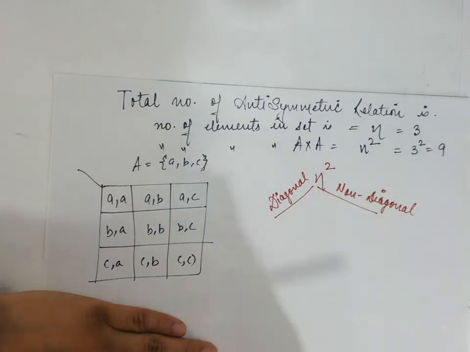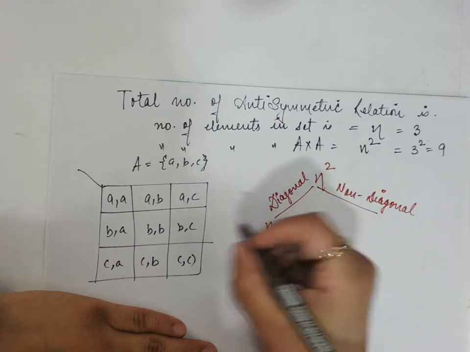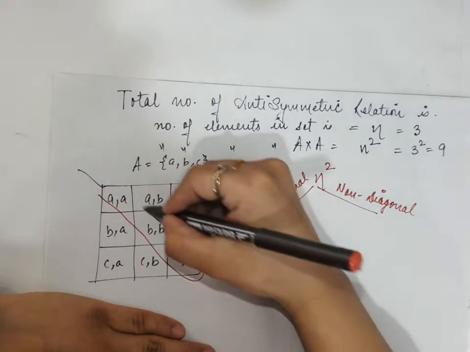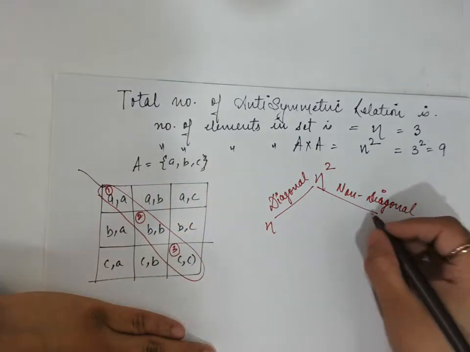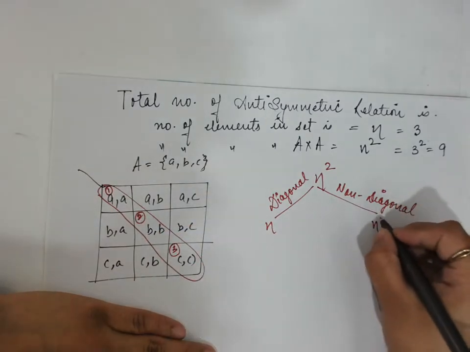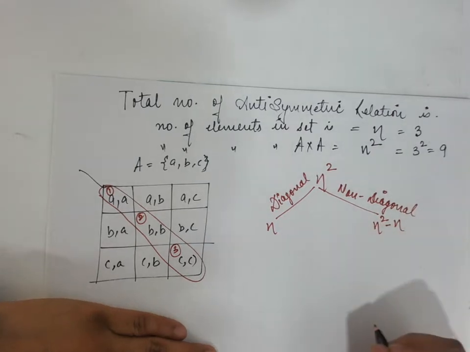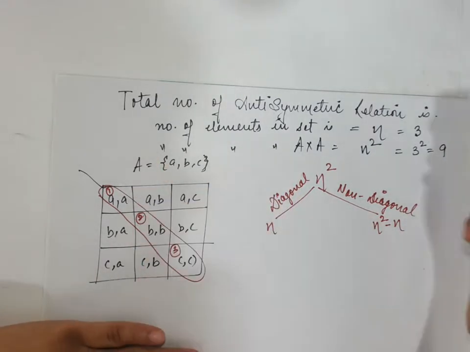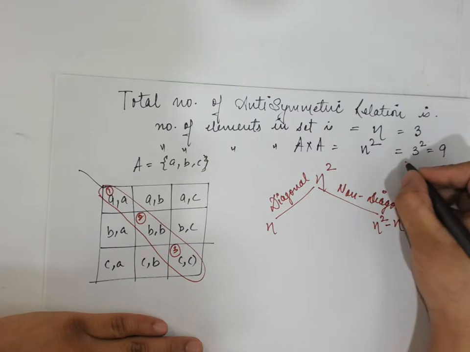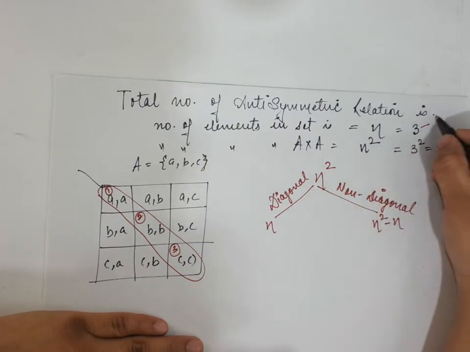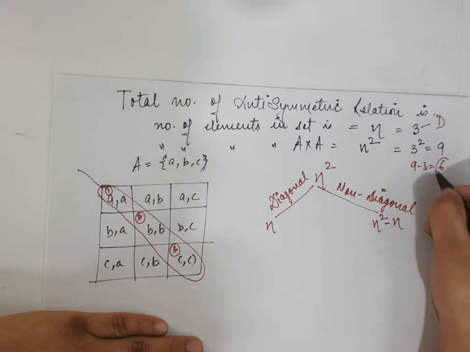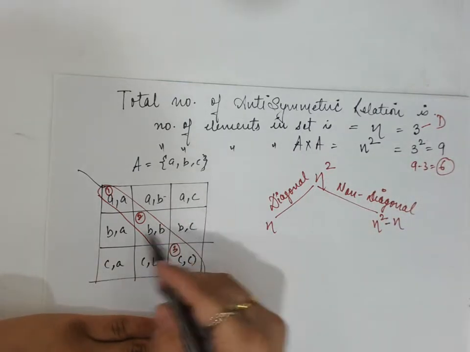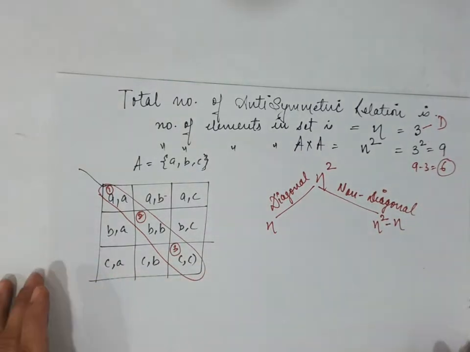For the diagonal part there are n elements, here 1, 2 and 3, and for non-diagonal elements there are n square minus n. In that case 3 is the diagonal part, 9 minus 3 is 6, and these 1, 2, 3, 4, 5, 6 are non-diagonal parts.